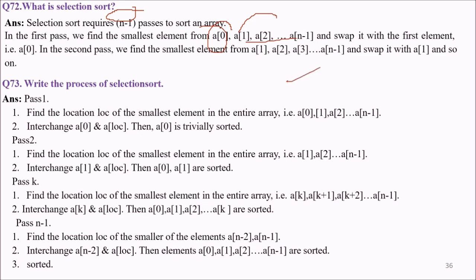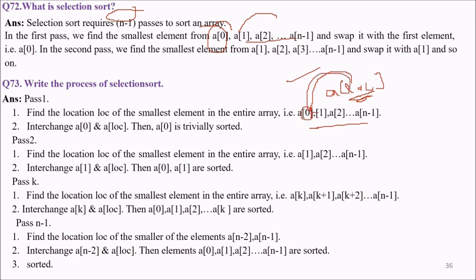As we said, we have different passes. Let us see the first pass. We find the location of the smallest element in the entire array. We interchange that location with A0, because A0 is always one element already sorted.